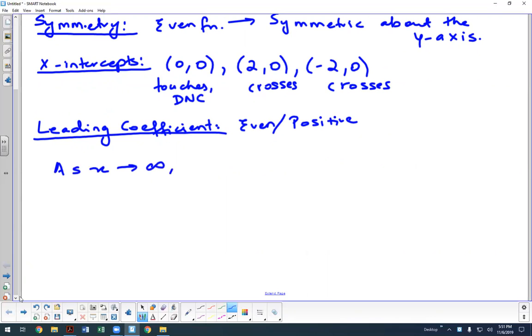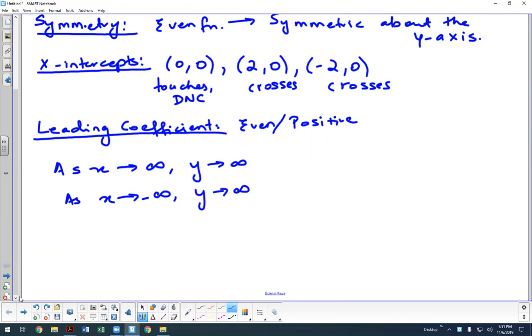As x goes to infinity, where was y going? Infinity. Was also going to positive infinity. And as x goes to negative infinity? It was still going to positive infinity.